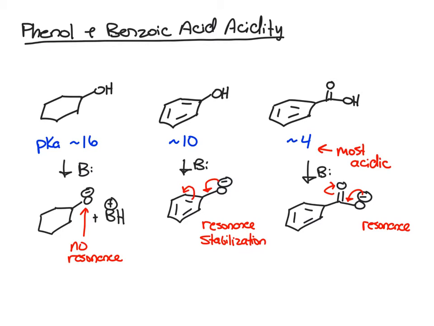Now, we can take this one step further and think about what happens specifically when dealing with phenol and benzoic acid derivatives. What happens if we have some other group on the ring? So these trends we're going to talk about can be applied to both phenol and benzoic acid, but just to keep it sort of concise, let's just think about phenol.